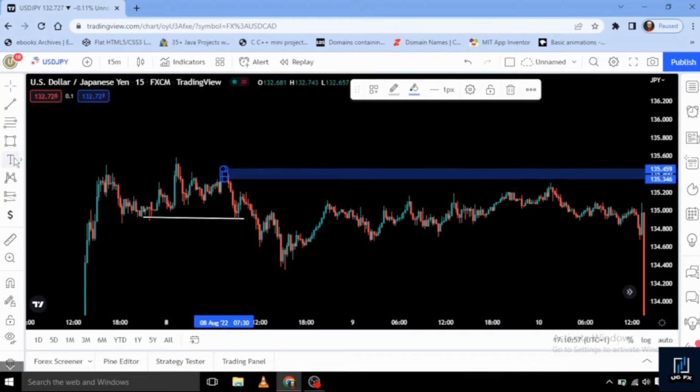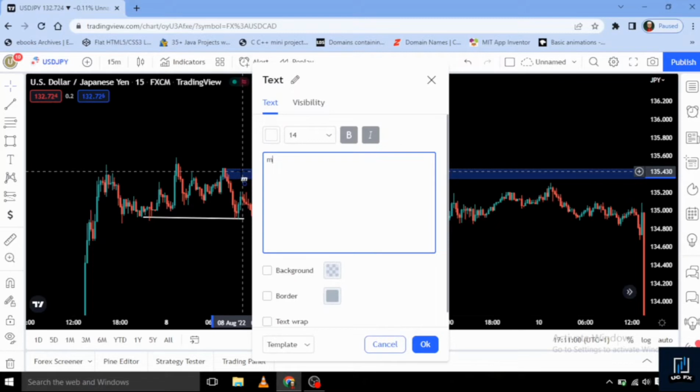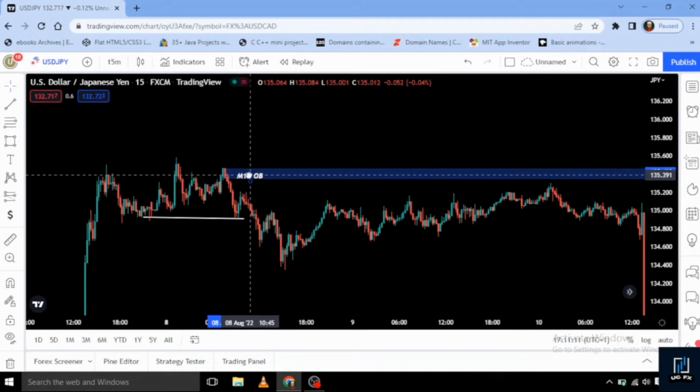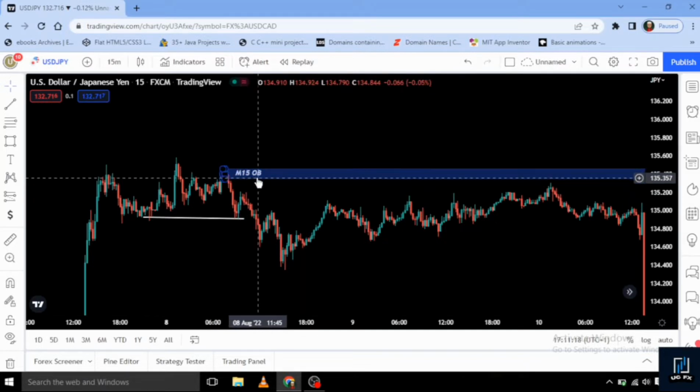We are going to be tagging it our M15 order block, just like we had our H4 time frame order block. So we have our 15 minutes time frame order block.